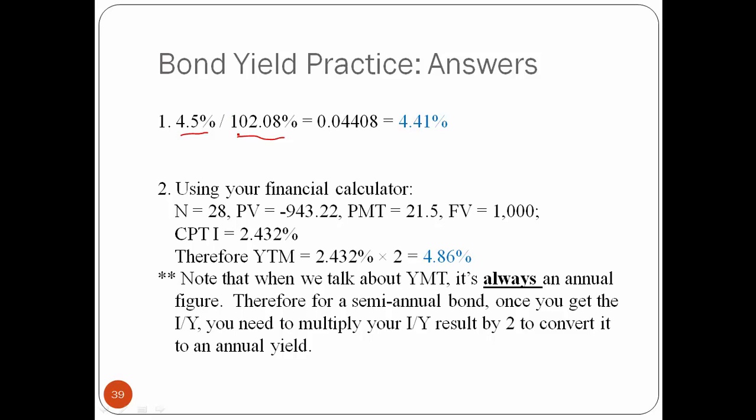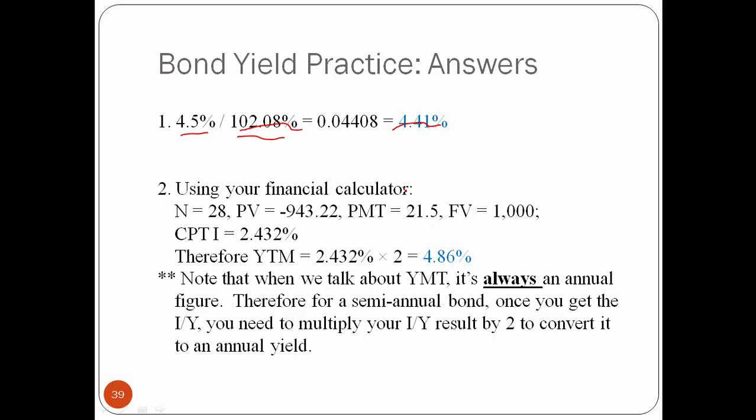And then you divide it by this percentage number multiplied by the $1,000 par value to get the price of the bond, and you will get the same result, which is about 4.41%. So that is the current yield from the bond investment, your return from receiving the coupon payments.